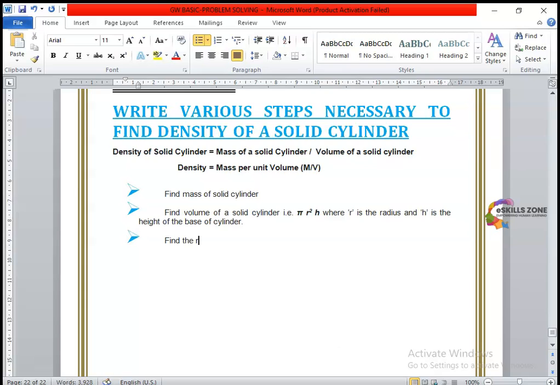Now we need to find the radius, so we will write this step: find the radius of the base of the cylinder.